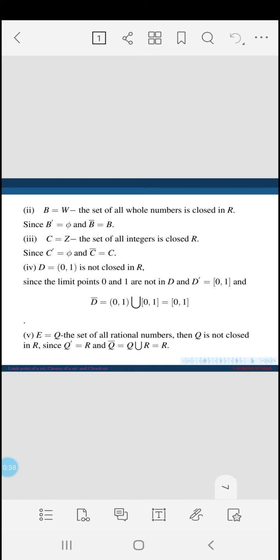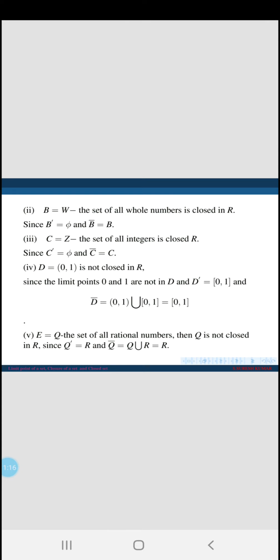Next example. Consider E equal to the set of all rational numbers. Here also, the set of all rational numbers is not closed in R, since it does not contain all its limit points, because every real number is a limit point of Q. By the density theorem, for rationals and irrationals, we can find a rational number between any two rational numbers.